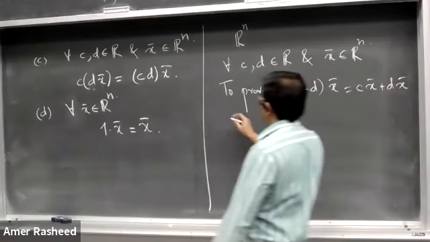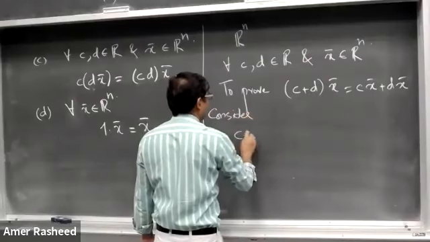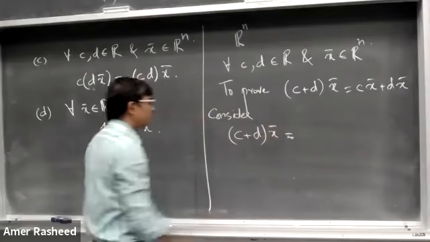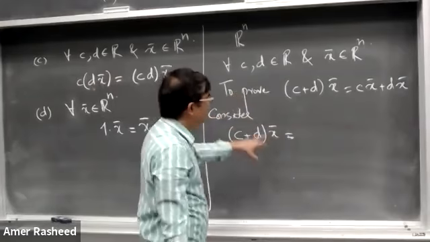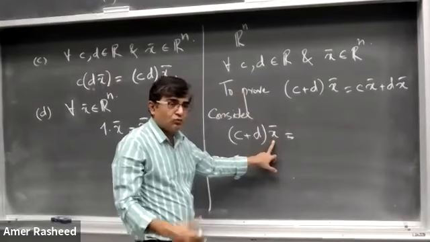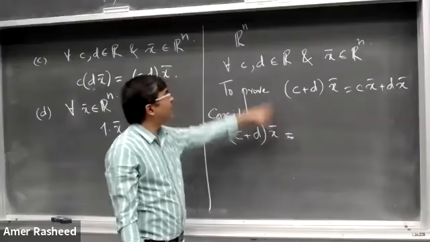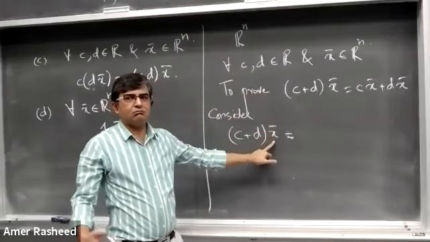Now we consider the left hand side, (c plus d) times x. Now we need the definition of x. Where does this x come from? It comes from Rn. So the form of x we should know.